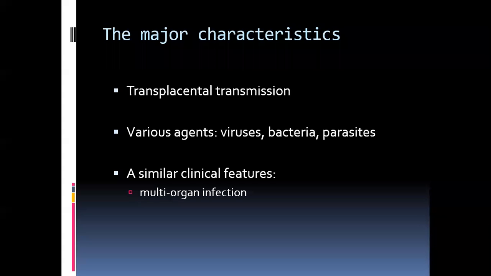These are the major characteristic features of congenital infection. First of all, these infections can be spread or transmitted from the mother to the fetus by a few routes. Number one is transplacental transmission.